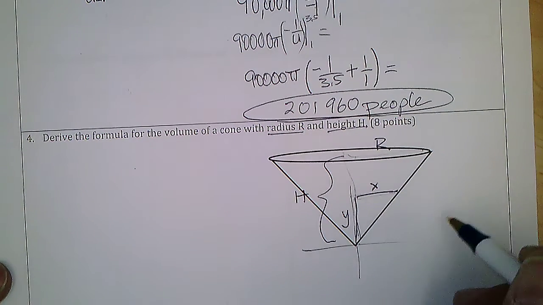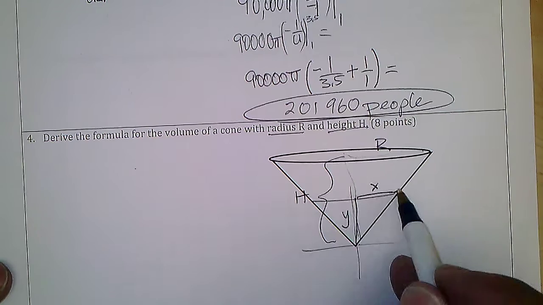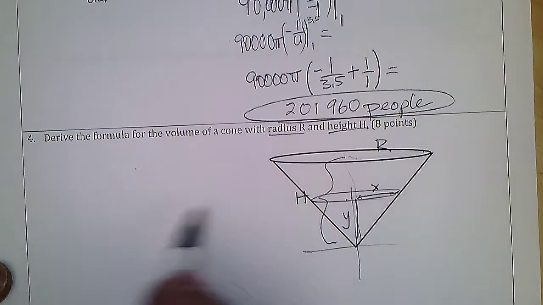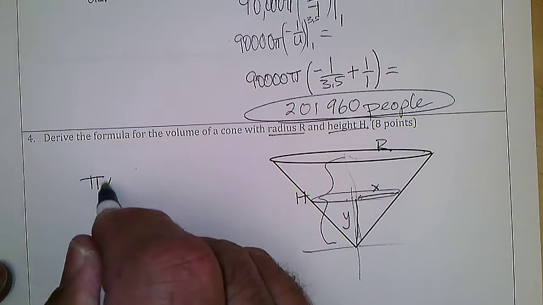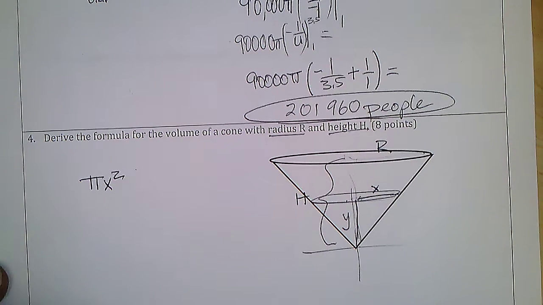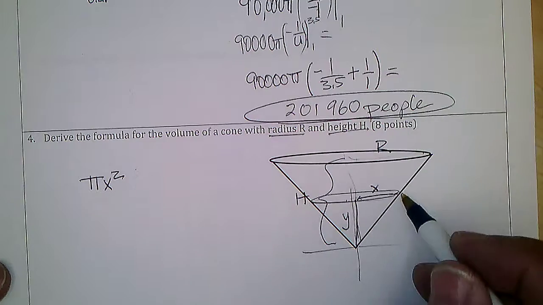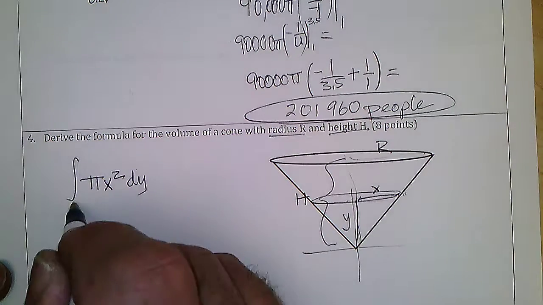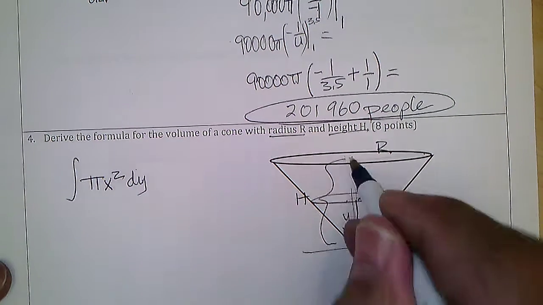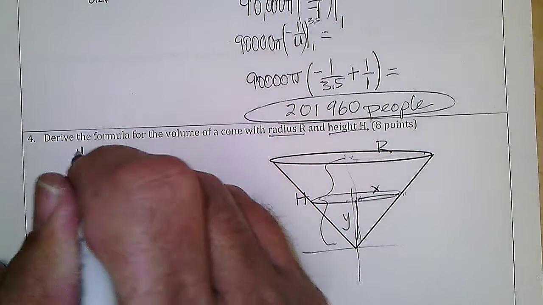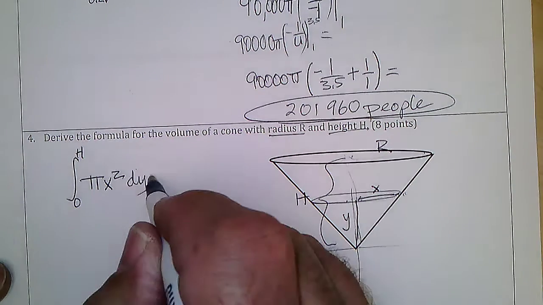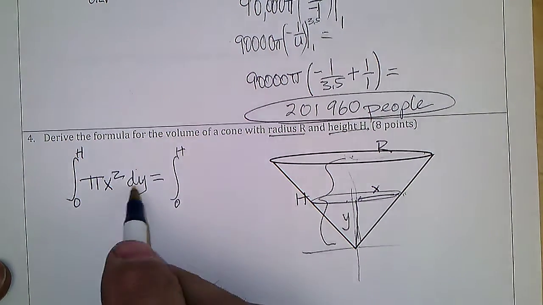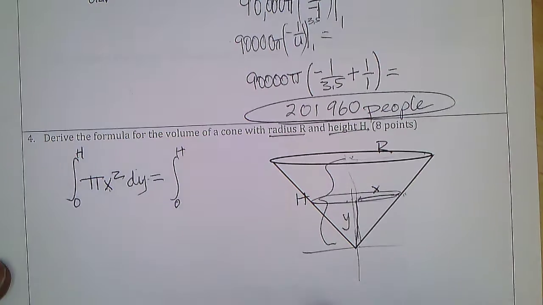And the slice that we're going to take, and we're going to add up the volume of all the slices, this particular slice is pi x squared times the thickness, which is dy, integrated from, and y is going to go from 0 to h. So this becomes integral from 0 to h. We got a problem here, so we got to solve this.